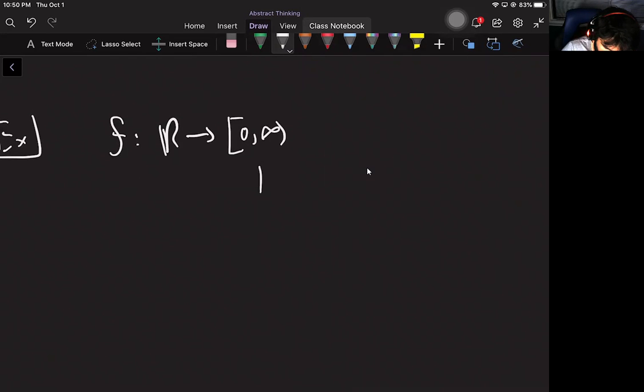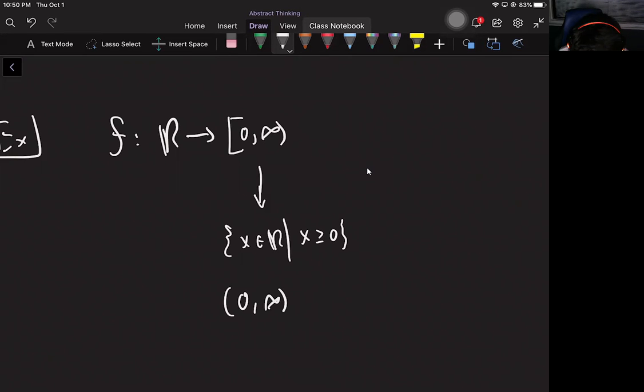This is really the set of real numbers such that x is greater than or equal to 0. And the reason that people don't use interval notation is because what if I wanted to say that? Well, then it sort of looks like an ordered pair, and it's not. So that's why I'm going to tend to avoid interval notation. But here it's okay, because of the bracket, it's more clear that it's an interval and not an ordered pair.